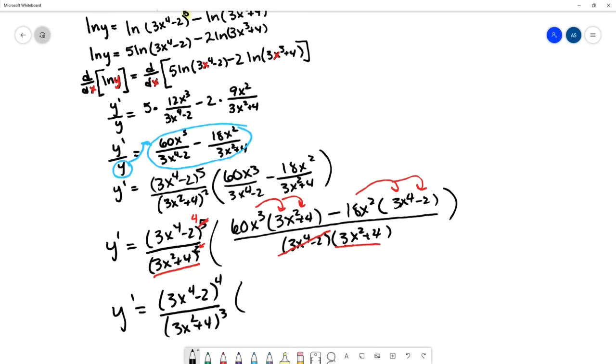So that would be 180x to the fifth plus 240x cubed minus, let's see, 18 times 3 is 54x to the sixth minus, that would be a plus 36x squared.